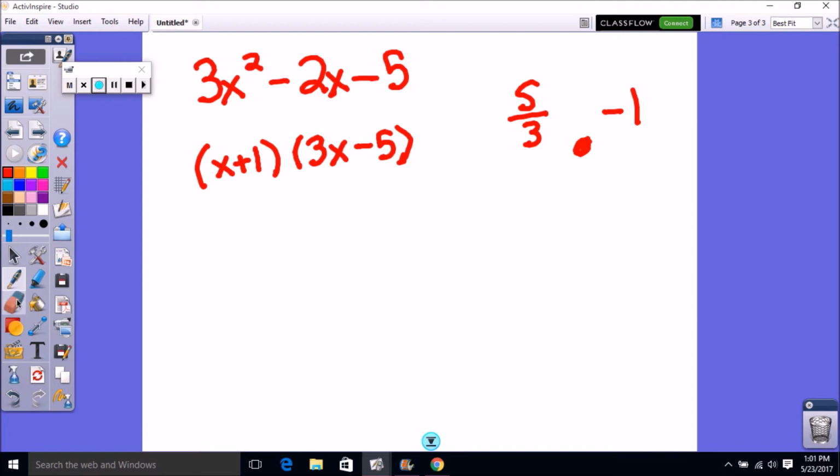And if you check this, x times 3x is, x times -5 is, x times 1 times 3x is, and 1 times -5 is.